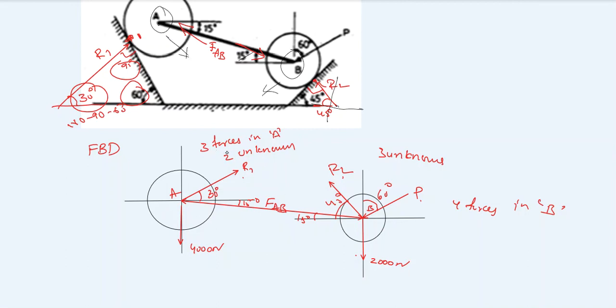In this FBD you can find FAB. If you substitute FAB, automatically the unknowns will reduce to 2, then it is easily calculated. So very simple suggestion, go with lesser unknowns, then answer will be very easy.